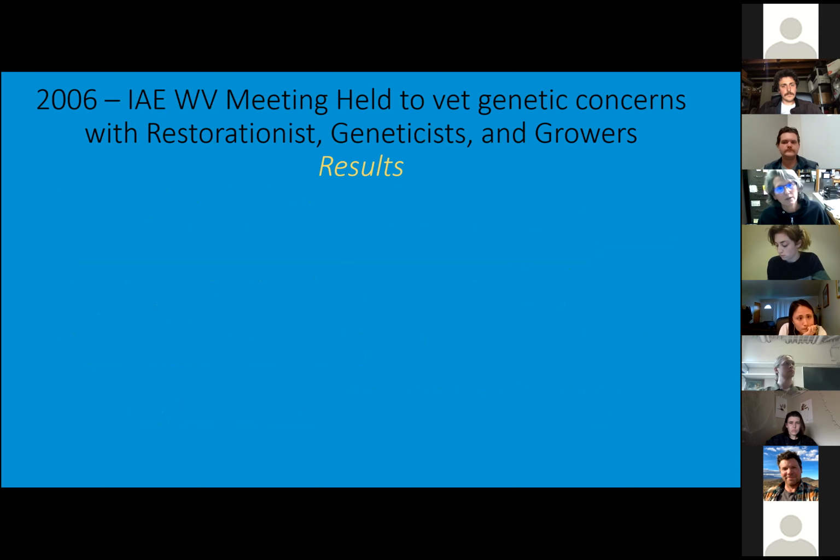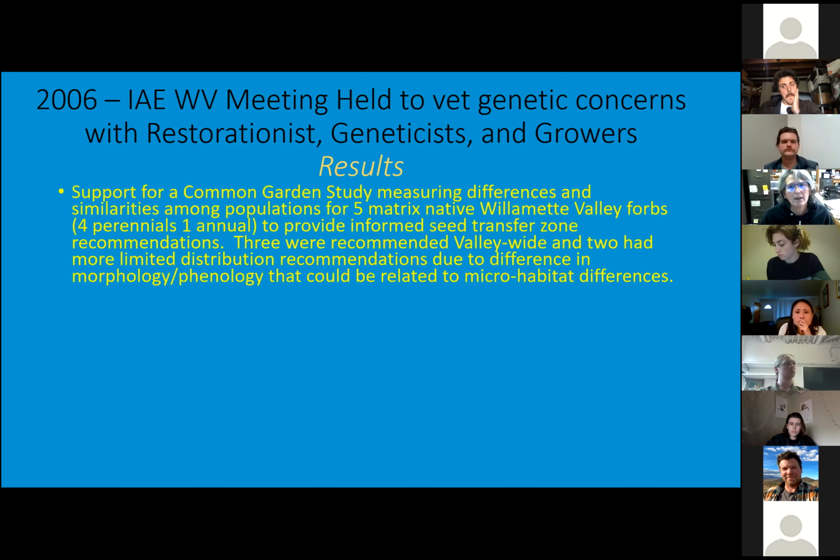Then in 2006, they decided to get everybody together and really hash this thing out, with lots of geneticists on the panel from all over the Western states, and a lot of valley people. The result of this meeting was that first they were going to tiptoe and take baby steps. This is only 2006, mind you. This isn't that long ago. So we did a common garden study of 5 matrix prairie species, 4 perennials and 1 annual.